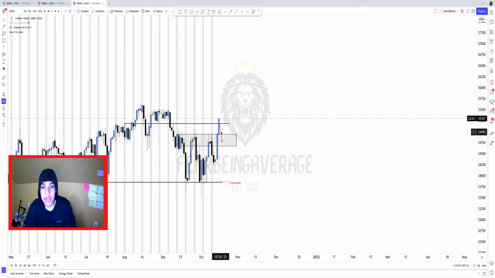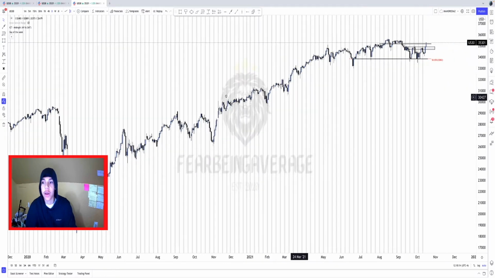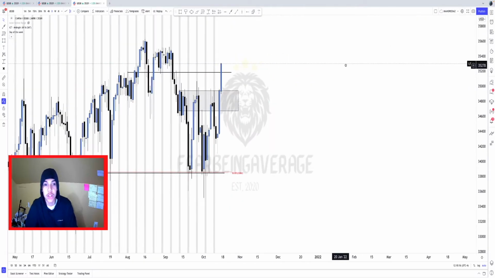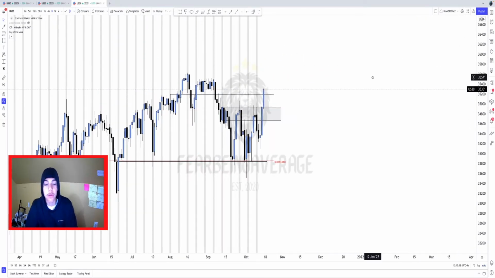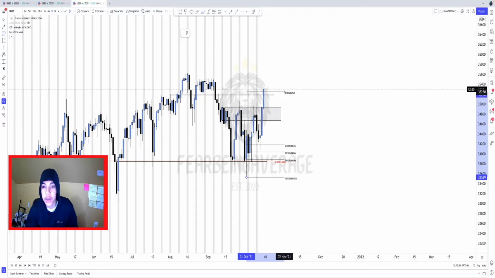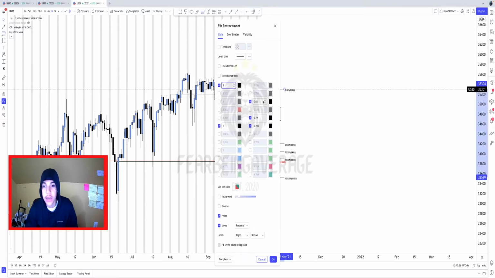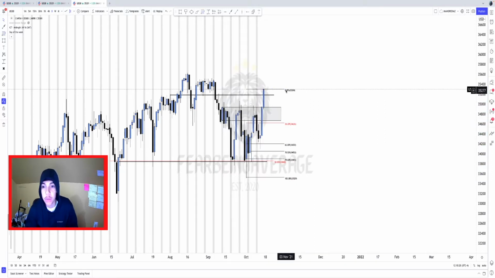So that's what I see for the daily time frame as of right now. Overall, I'm still bullish long term, but I do know that if we do want to see higher prices, there is a chance that we have a retracement. We could possibly pull our fib from here to here, possibly see a retracement back to somewhere this order block, maybe trade a little bit higher, create a form of support for us to pull our fib to, for us to see where prices are likely to react.